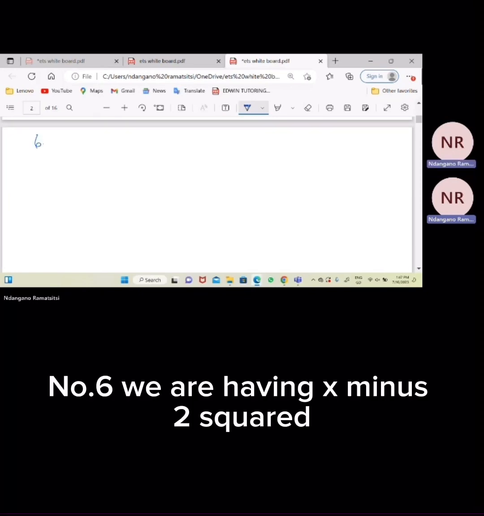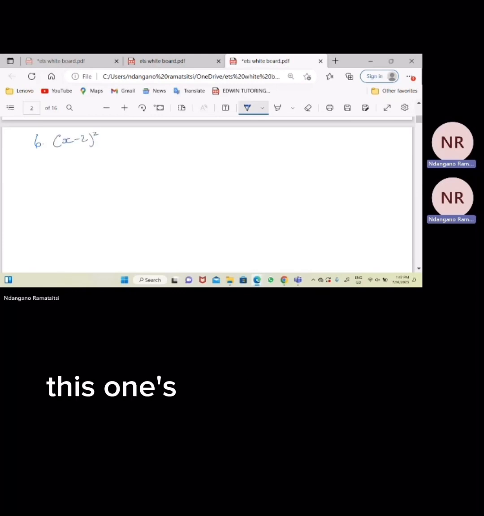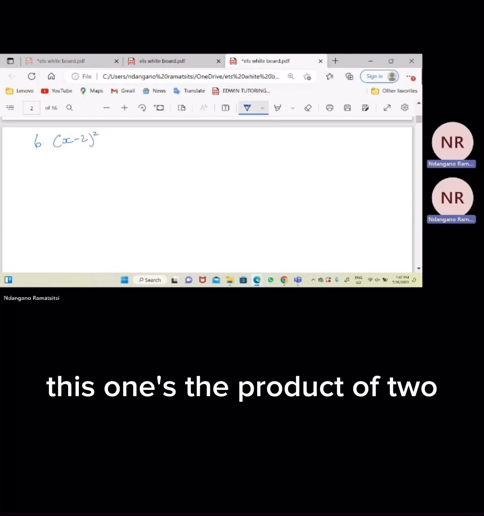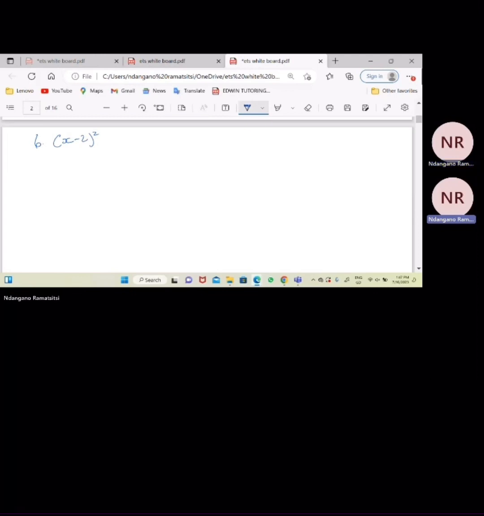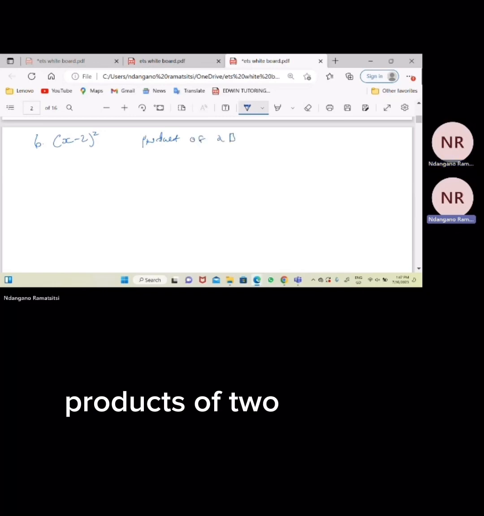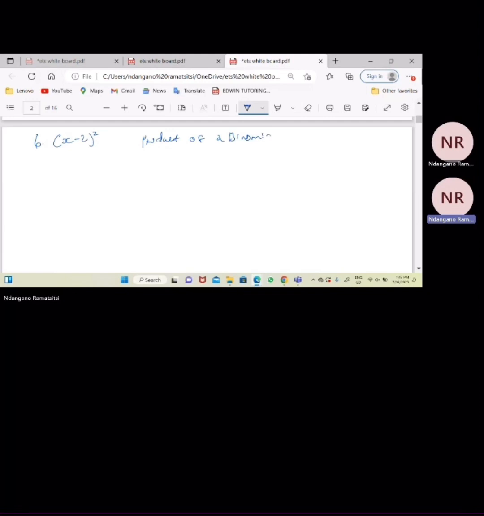Number 6, we have x minus 2 squared. This one is the product of two binomials. Okay, I write it here. Product of two binomials.